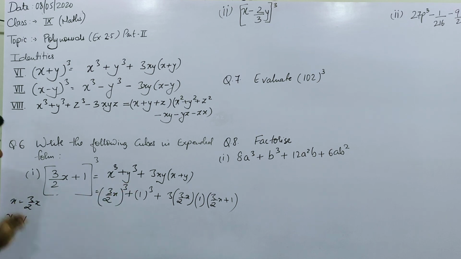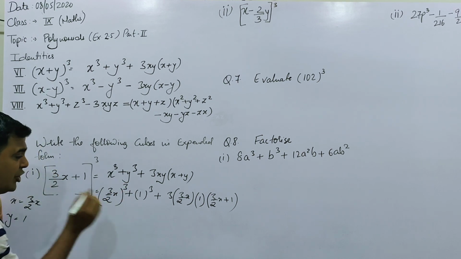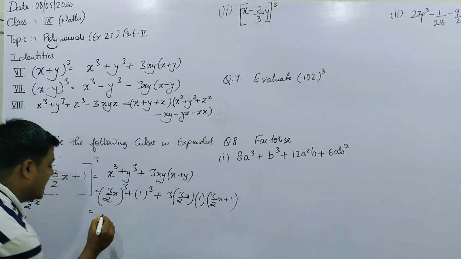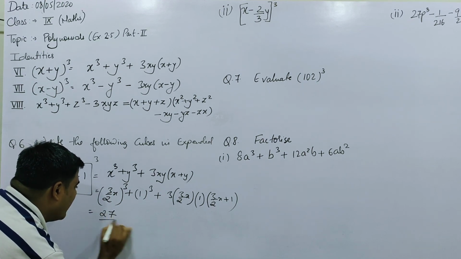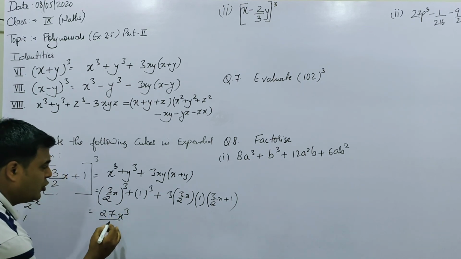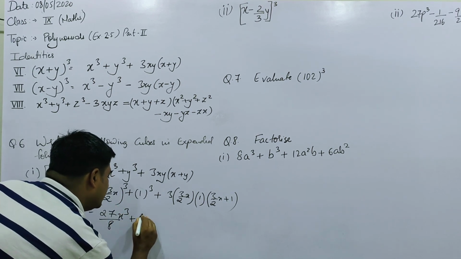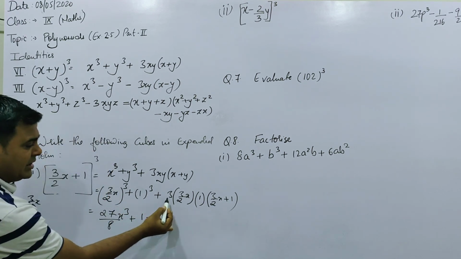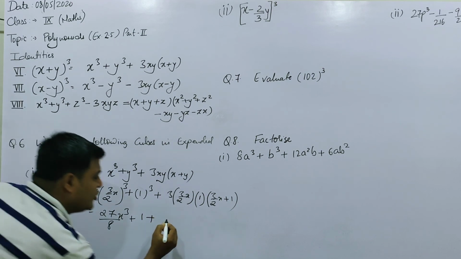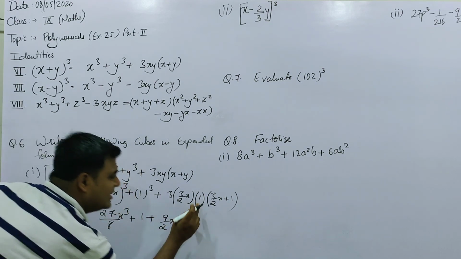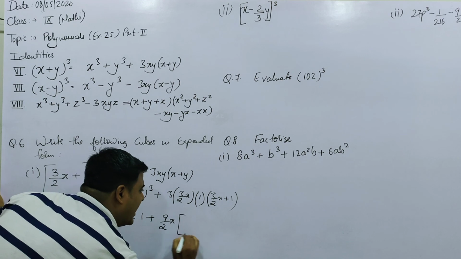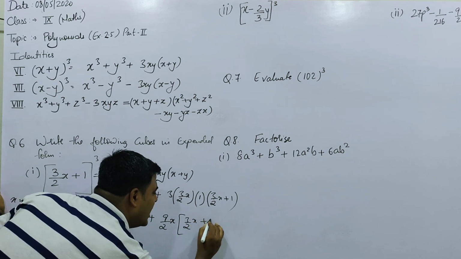Let us now solve the brackets. Cube of 3: 3 3s are 9, 9 3s are 27. x cube upon 2 2s are 4, 4 2s are 8. Plus 1 plus 3 3s are 9, 9 by 2 x, into the whole bracket 3 by 2x plus 1.